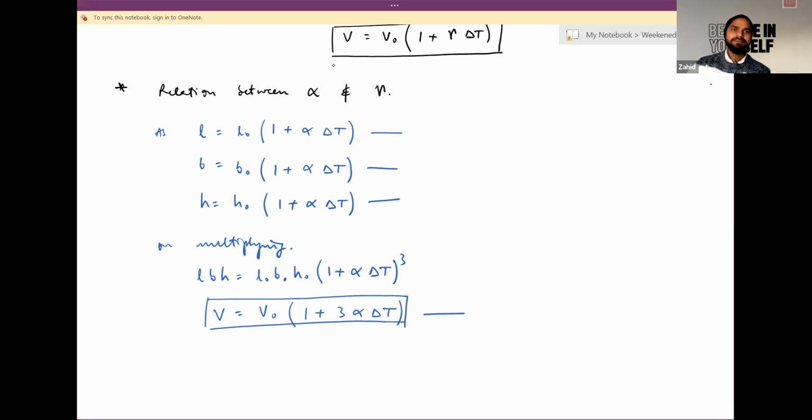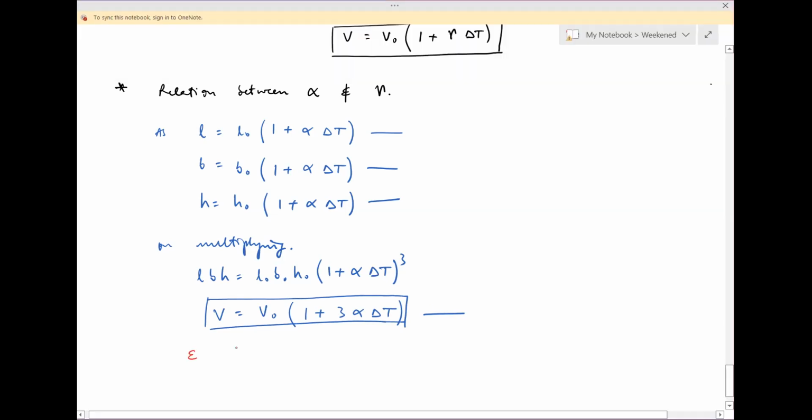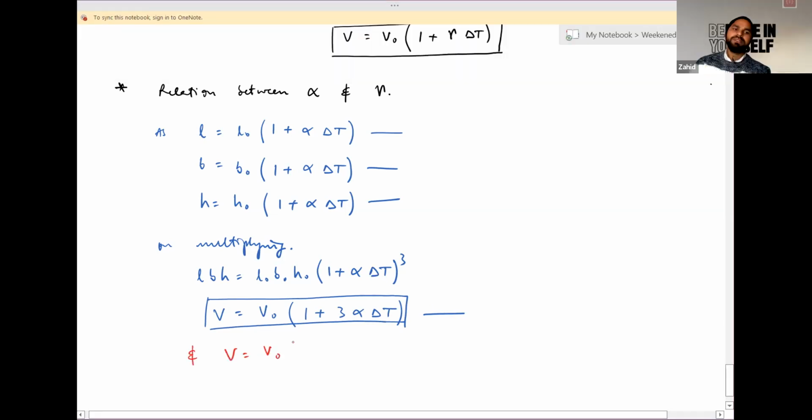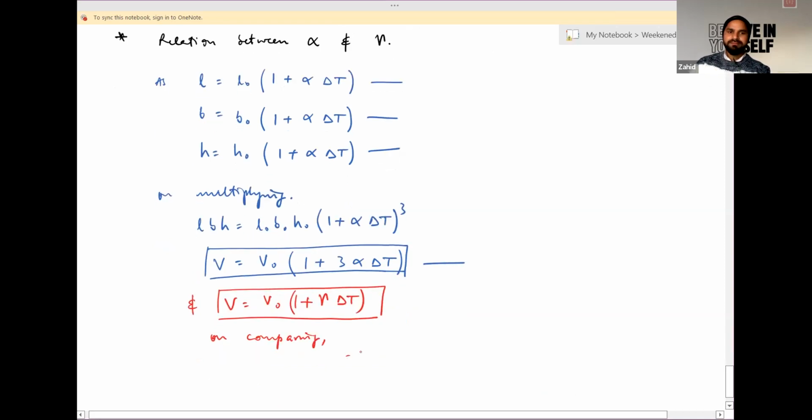Mamuna, is it clear? Yes. And V is equal to V naught (1 plus gamma delta t). Now on comparing these two equations, we can say gamma will be 3 times alpha, or alpha equals gamma by 3.